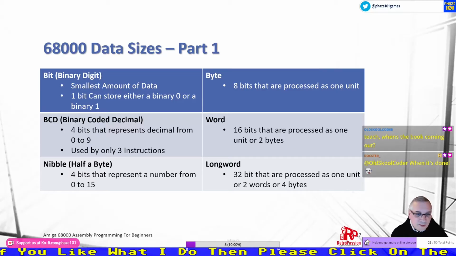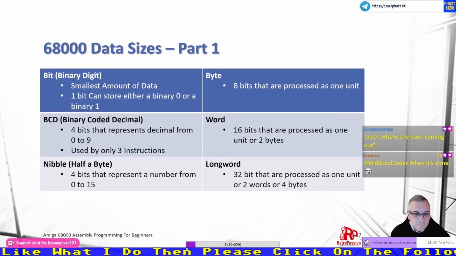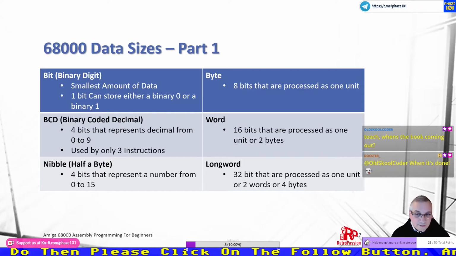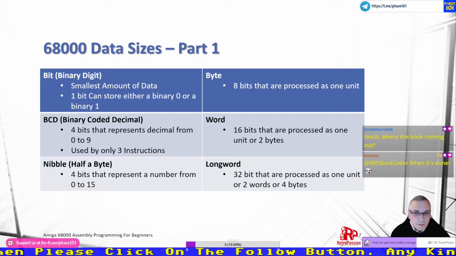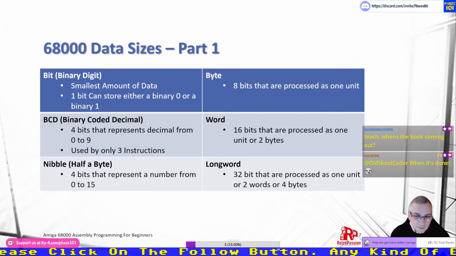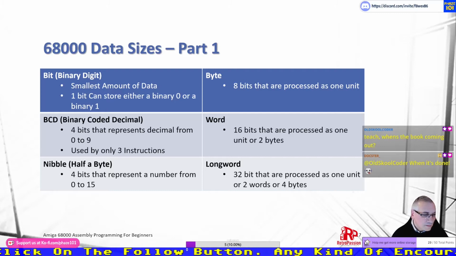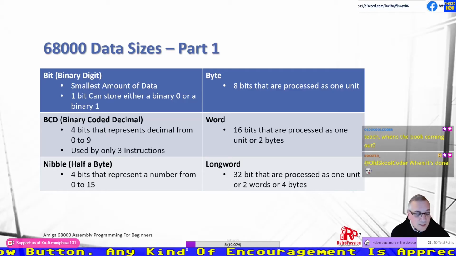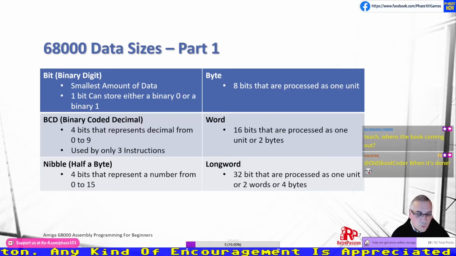And then there is the nibble, which is the same as binary coded decimal but 4 bits. But the next 3, byte, word, and long, is what you need to specify most of the time. The default is always word.